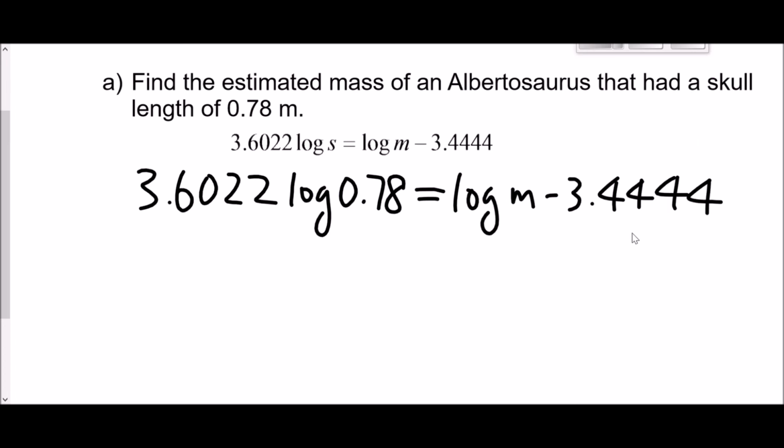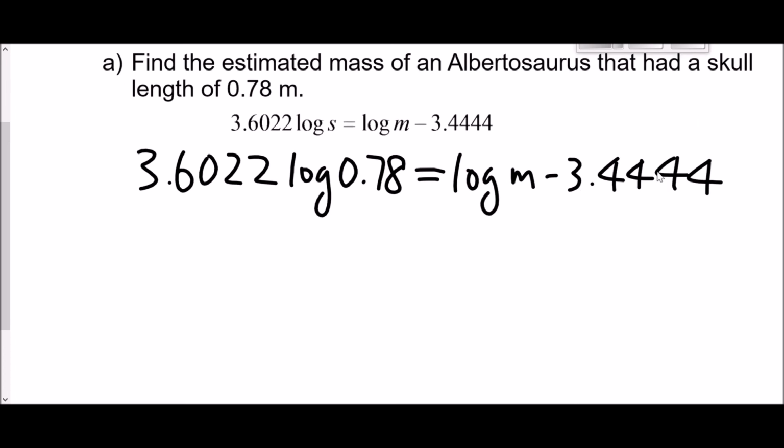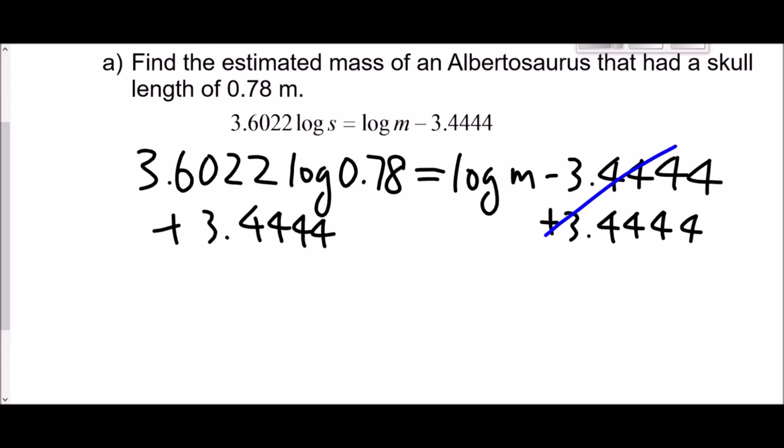Okay, so now we get rid of the 3.4444 by adding 3.4444 on each side. Add 3.4444, gone. Right hand side, just log M.